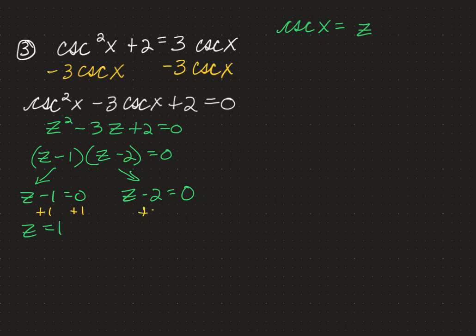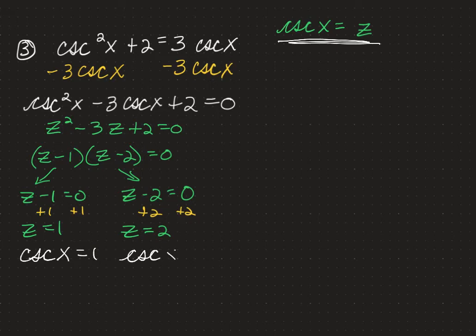If we add 2 to both sides of this equation, we get z equals 2. Ta-da! Except we're not done. We have not solved for our original variable. Our original variable is x. So everywhere I see a z, I'm going to replace it with the cosecant of x. So the cosecant of x equals 1, and the cosecant of x equals 2.